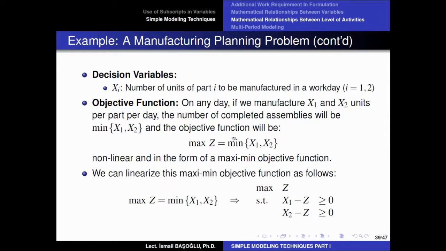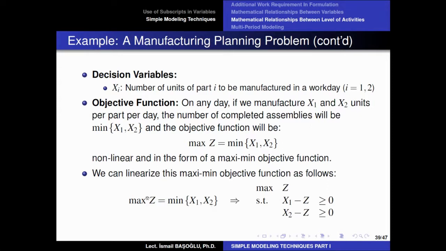Now, how are we going to convert this nonlinear objective function into a linear function and a sequence of additional constraints? Let's just say, by defining z as the minimum of x1 and x2, you are actually saying that z is less than or equal to both x1 and x2. And also z is the maximal value that achieves these two conditions.